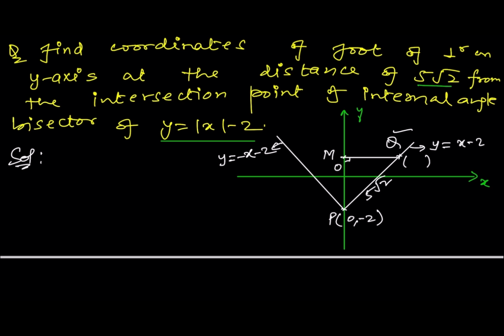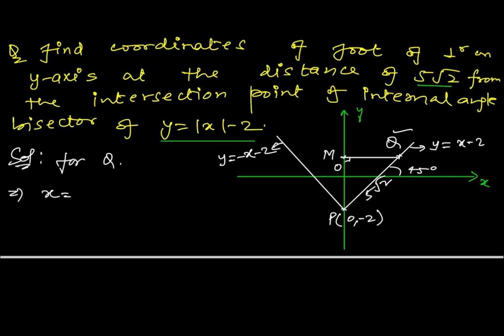So now for Q I will use parametric form. So I have r, also I have point x1 y1, and also I have theta or slope. This theta is 45 degree.